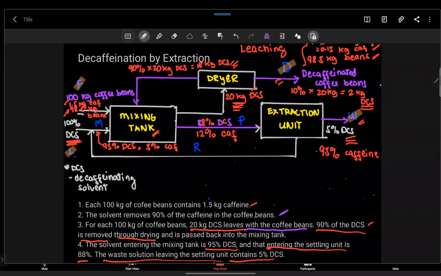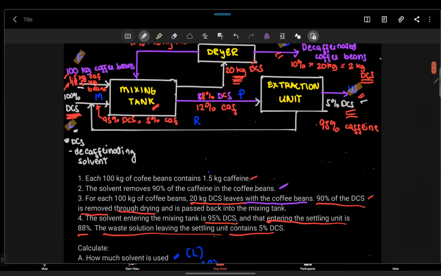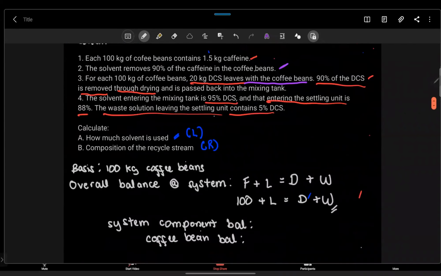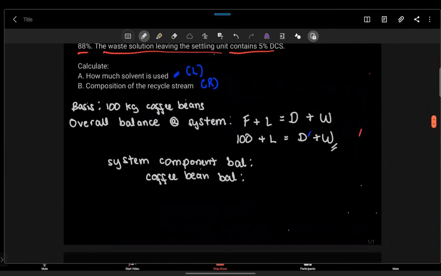Sa L, wala kang coffee bean kasi purely 100% DCS yan. Sa D naman, ayun, meron kang coffee bean. Sa W, wala kang coffee bean. Okay? Wala kang coffee bean. So therefore, yung ating kapag nag-perform kayo ng coffee bean balance, hindi na siya mahalaga. Okay? Wala na siyang bearing kasi known na siya.